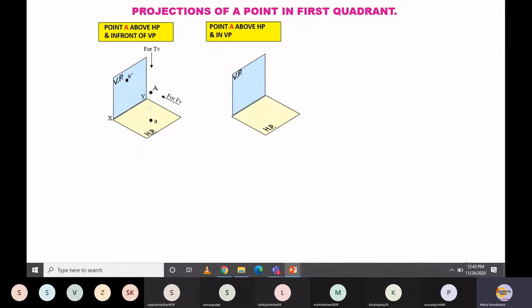In that case, if you look from the front, the front view appears on the vertical plane itself, so no different front view appears in this case. Now what happens with the top view? When you look from the top, the top view projection will meet the XY line. It will coincide with this XY line, so your top view appears exactly on the XY line.